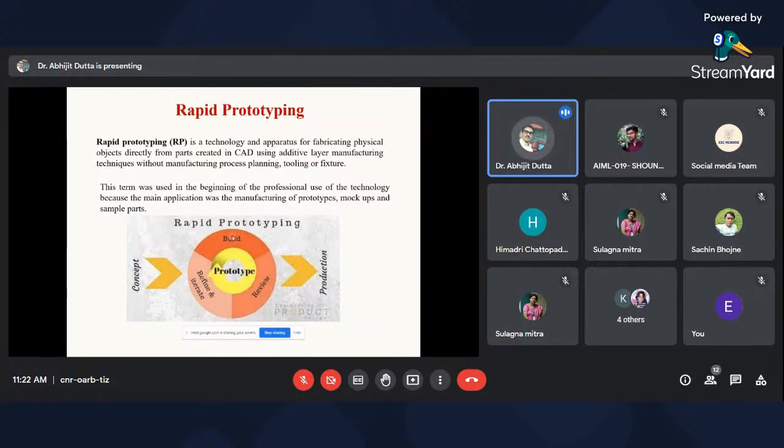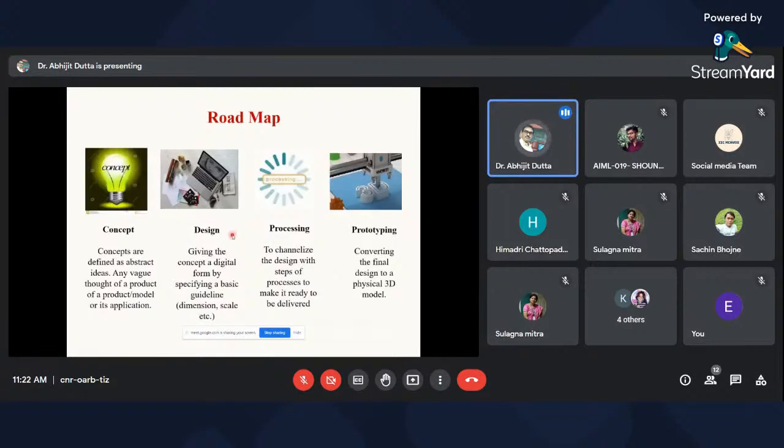So this is the rapid prototyping, and these are the roadmaps. If someone has the concept, the concept means the abstract idea that comes into the mind, then you have to design it with the help of different software like CAD, CAM, CATIA.